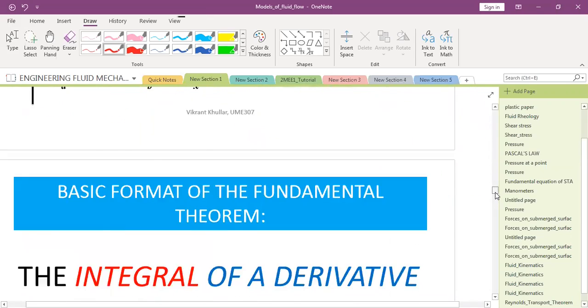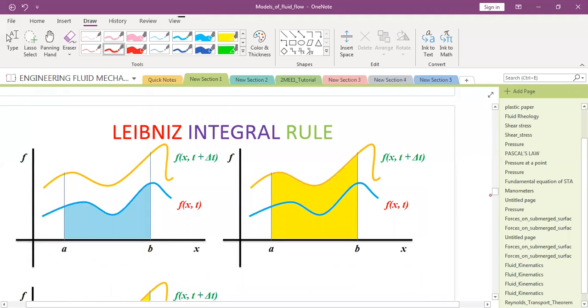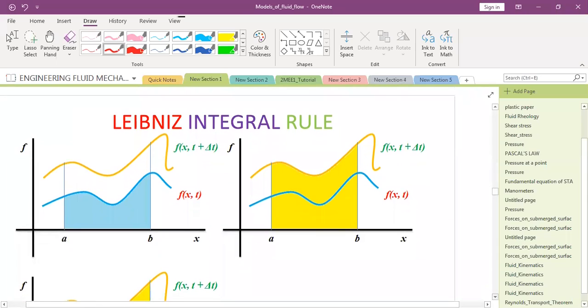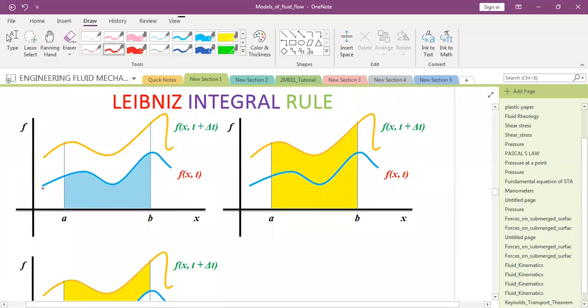Now this example will help you understand this. Say these are two curves, that is, a function represented by this blue curve at some time t, which changes its position at time t plus delta t and becomes like this.